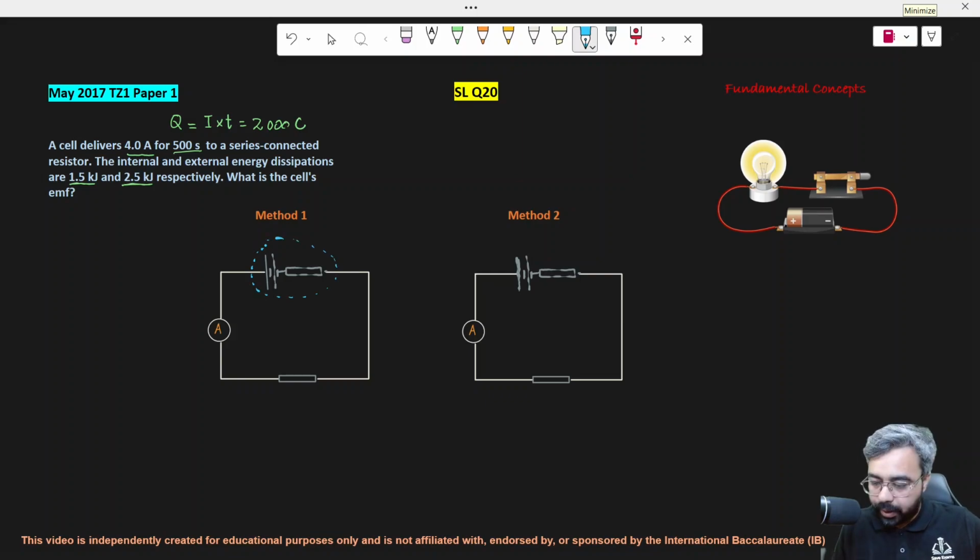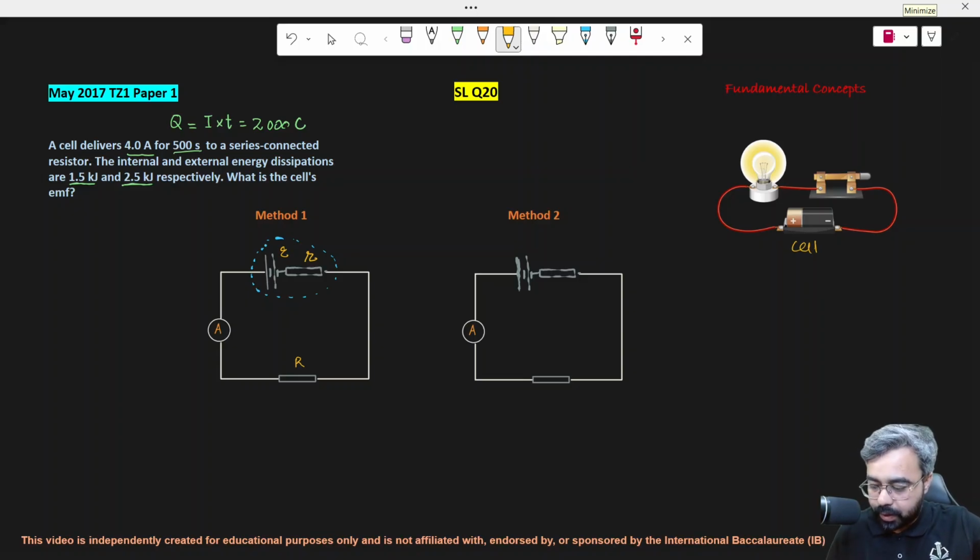This is a cell with its EMF and internal resistance, and this is the external resistance. In a practical circuit, internal resistance is the opposition offered by the chemical composition inside a cell.